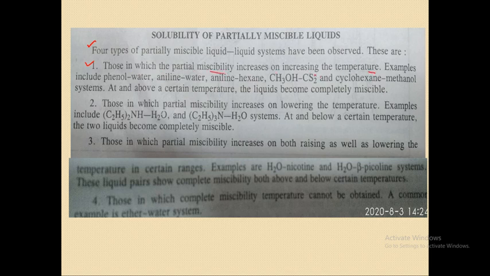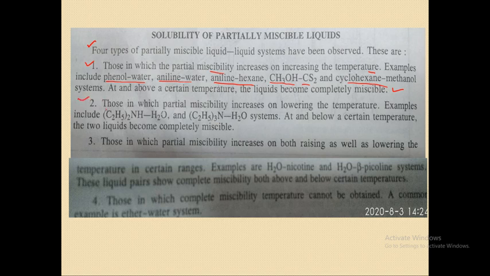It can be seen in solutions like phenol and water, aniline and water, aniline and hexane, ethanol, methanol and carbon disulfide, cyclohexane and methanol systems. So at and above a certain temperature, the liquids become completely miscible.